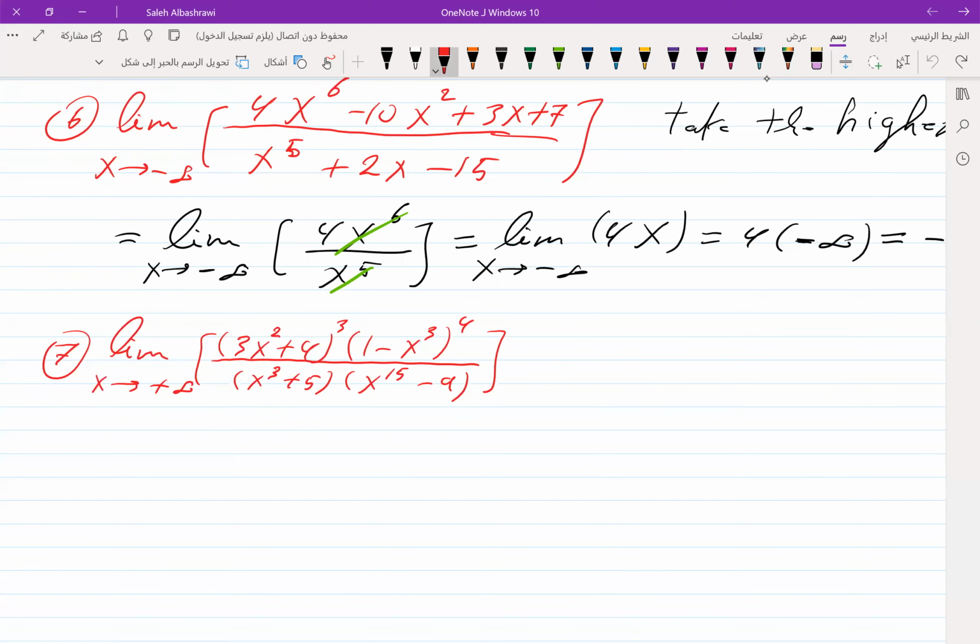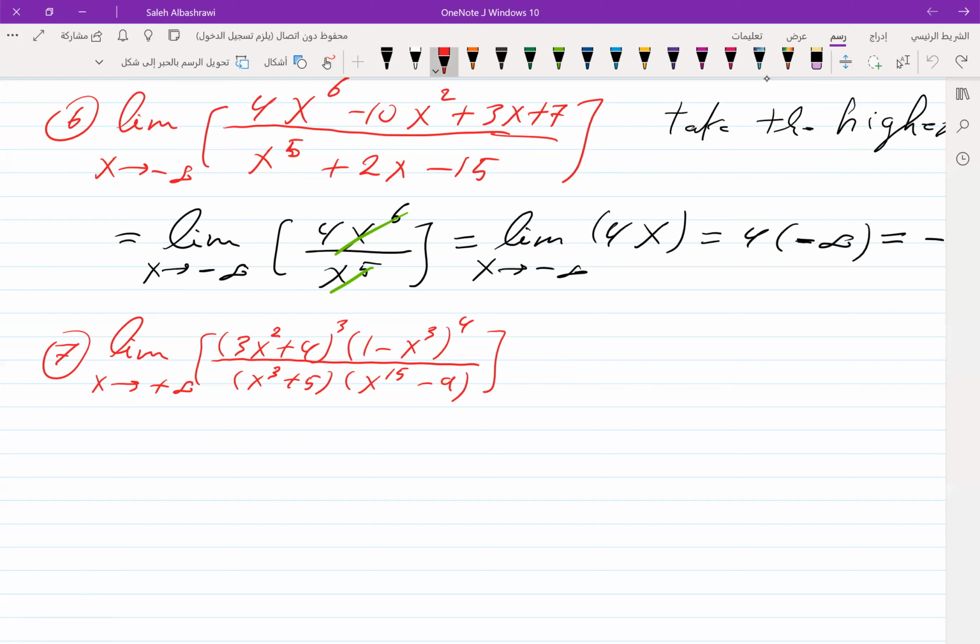Now for this example, I have a polynomial divided by another polynomial, but it's written as a product of factors. So we have two ways to work with this rational function. Either I open the brackets up and down, expand and multiply, and see whether the powers are equal for the numerator and the denominator or not.